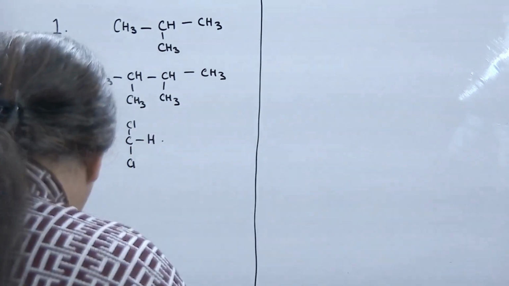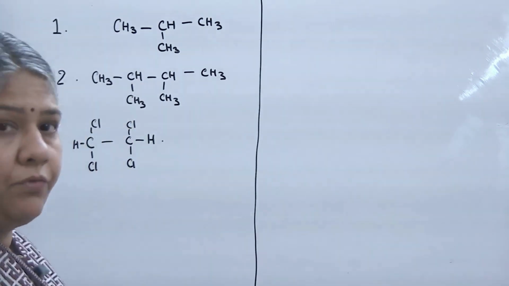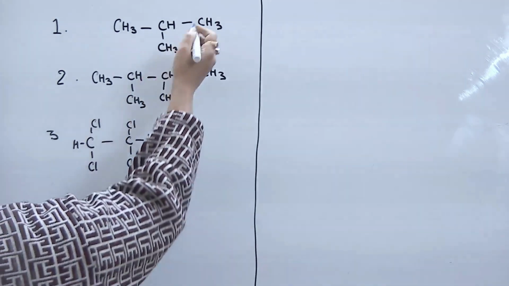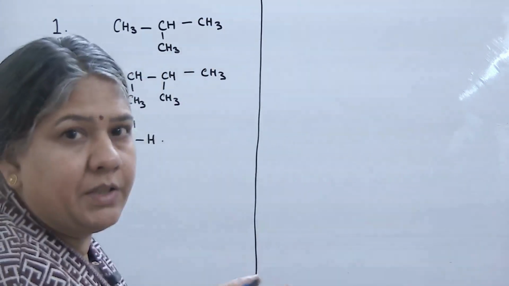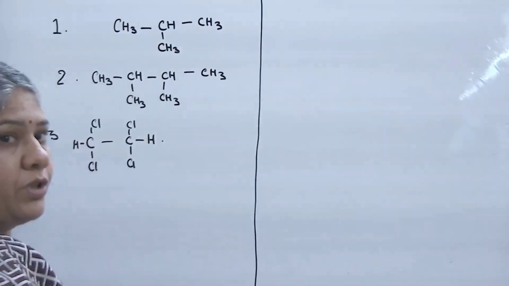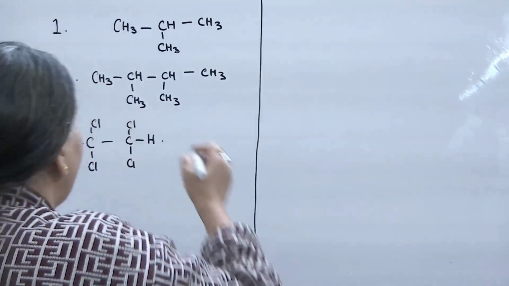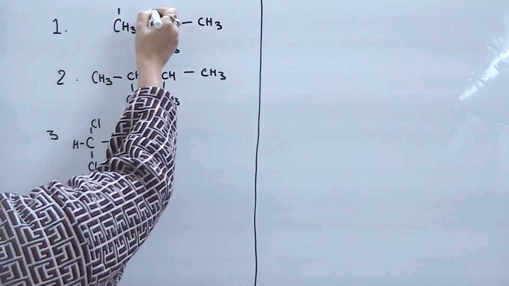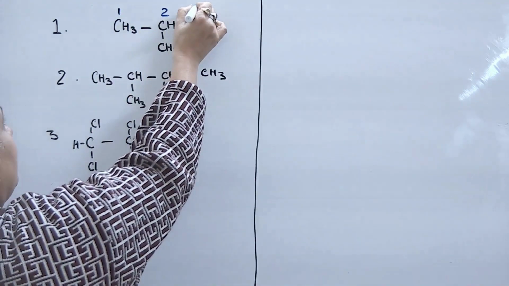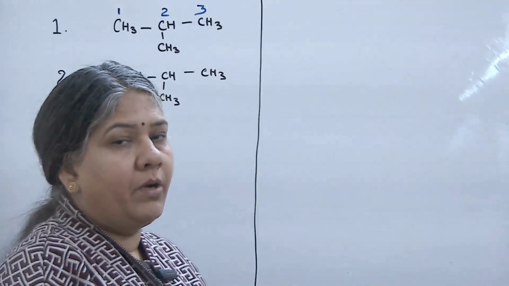Okay. Now let's see how they are named. In the first example, you can number from either side. See, 1, 2, 3 or 1, 2, 3. So the substituent is getting the number 2. You can do the numbering from either side, 1, 2, 3. Anyway, the substituent will get the number 2.